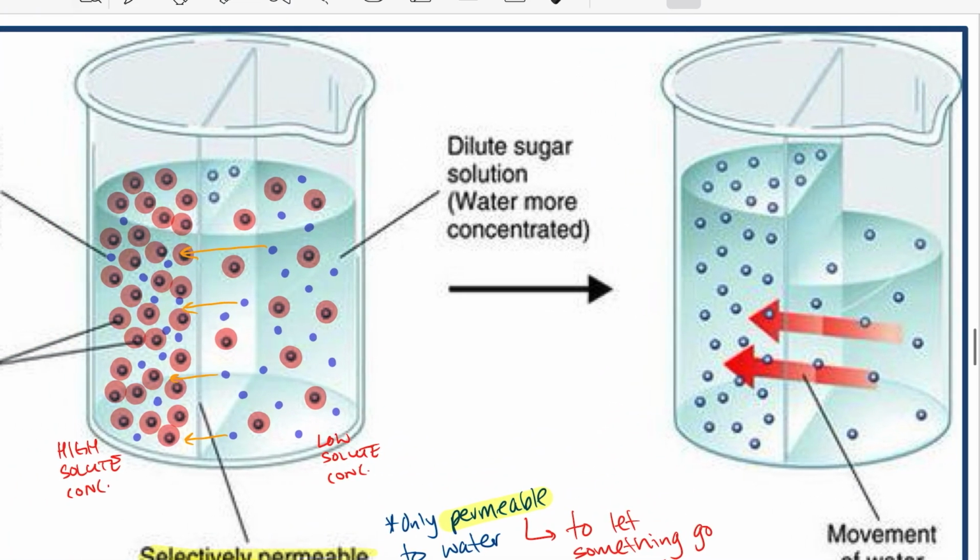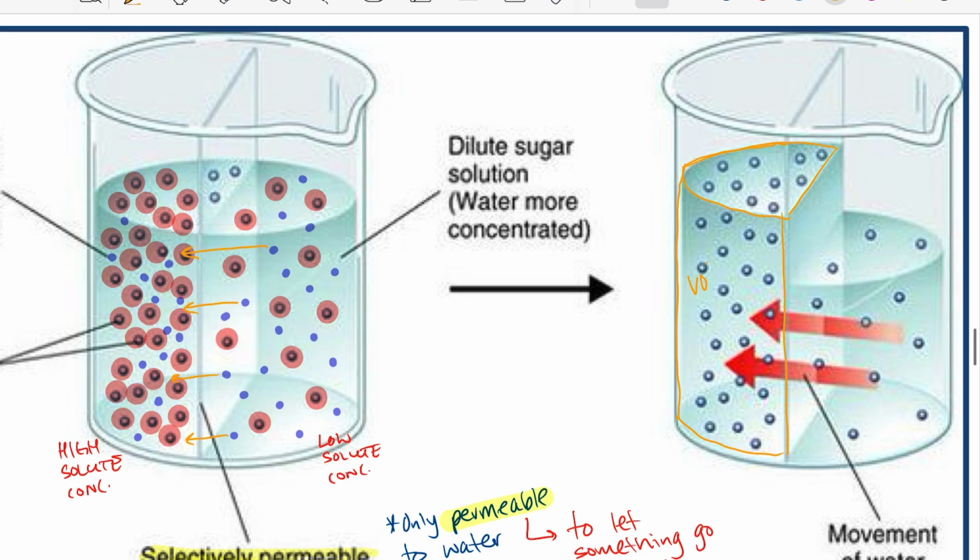So if you look over here, now the volume on this side here, volume A, is greater than over here because this is occupying less space on the right-hand side.